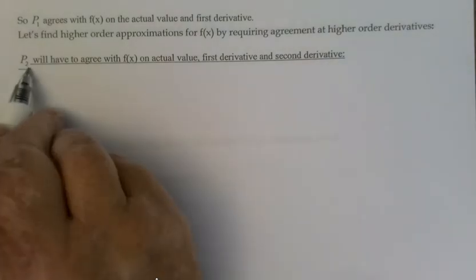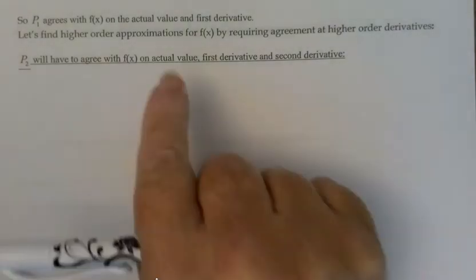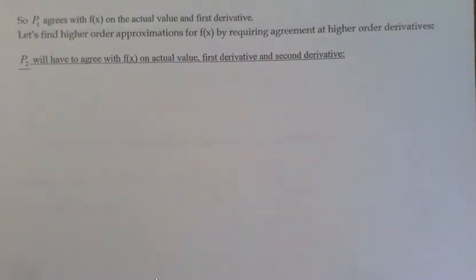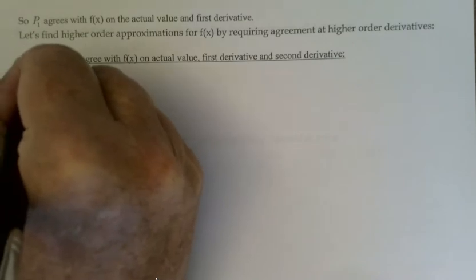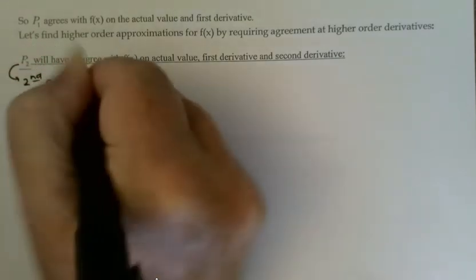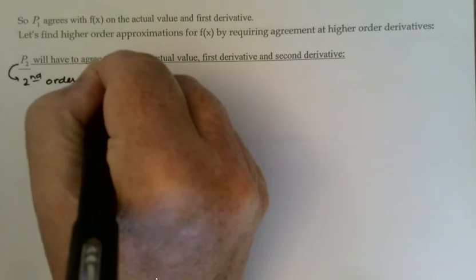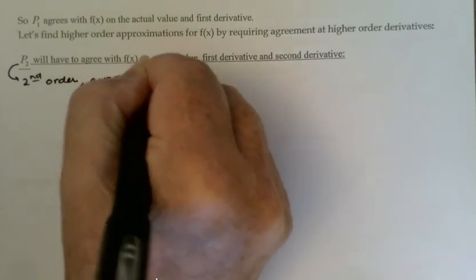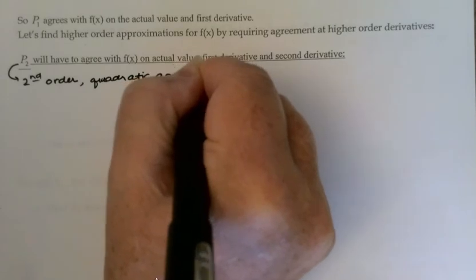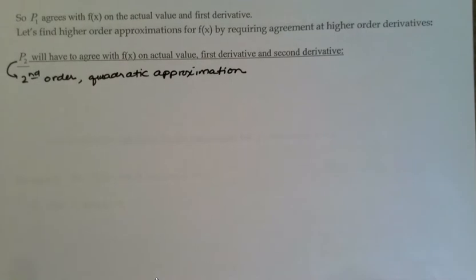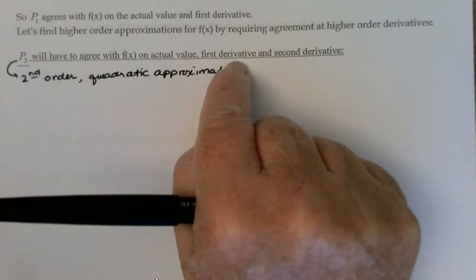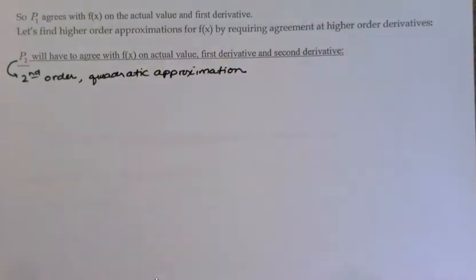So if I were to think about P2, which is going to be our second order or quadratic approximation, we're going to go ahead and require that it agrees with f of x on not only the actual value and the first derivative, but that it also agrees with the original function at the level of the second derivative.